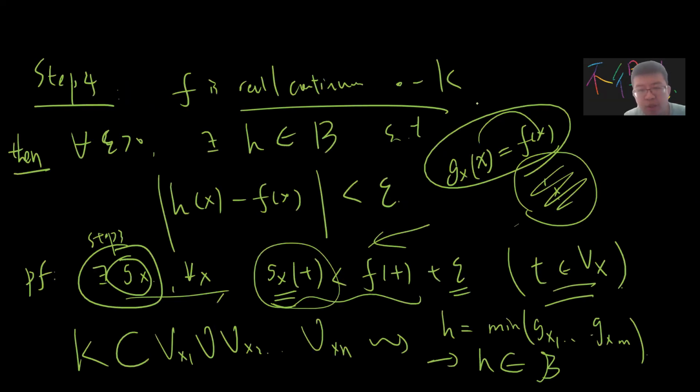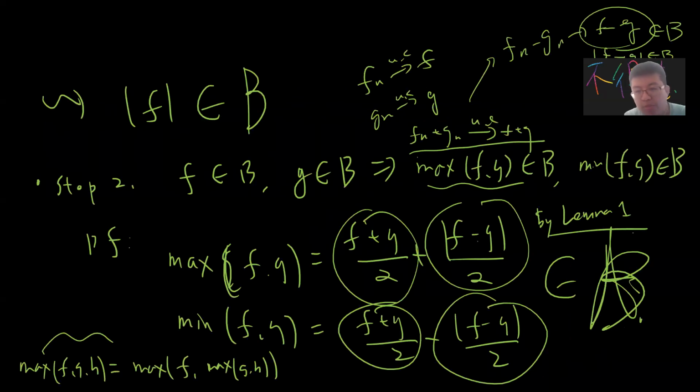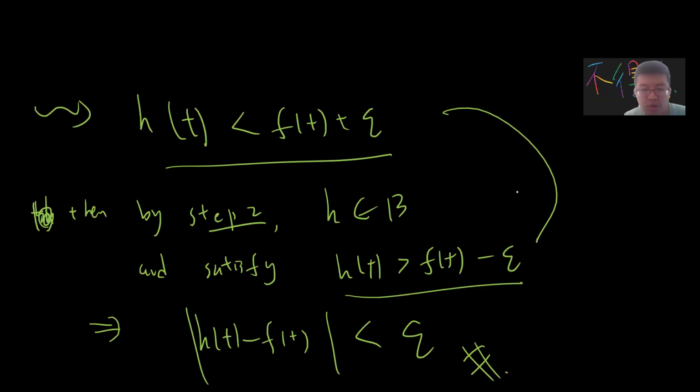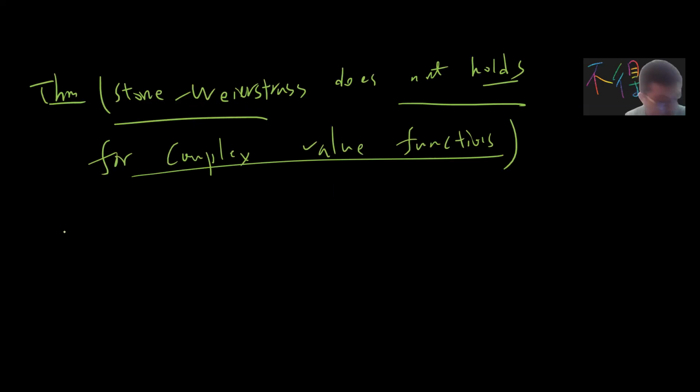Remember in my proof that I assumed that f is real, so that I can use this plus epsilon. Okay, so this is very key. And the reason is that I use absolute value, and the maximum and minimum. Okay, so it's not immediately clear why the complex case will fail, and this is not a simple example. But I just want to mention that Stone-Weierstrass does not hold for complex-valued functions in general.